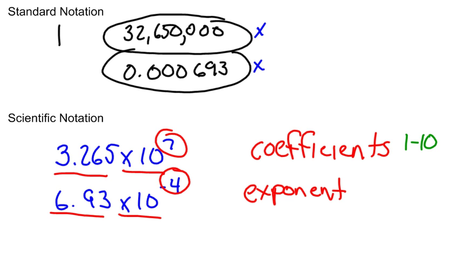A lot of times you'll see me say 10 just because it's easier than saying 9.999999999. So coefficients have to be between those two values in order for it to be in proper scientific notation. These two numbers I have written in proper scientific notation. And the exponents can be anything from negative infinity to positive infinity for proper scientific notation.